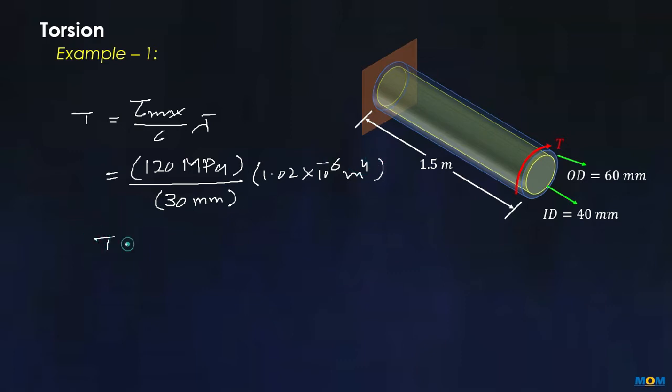Now by solving this, we have the torque, that is 4.08 kilonewton meter.